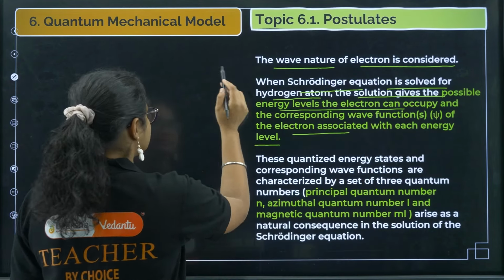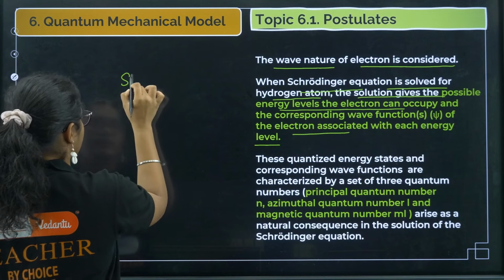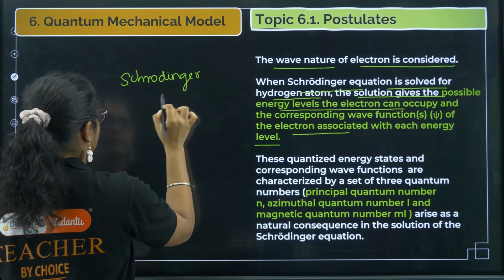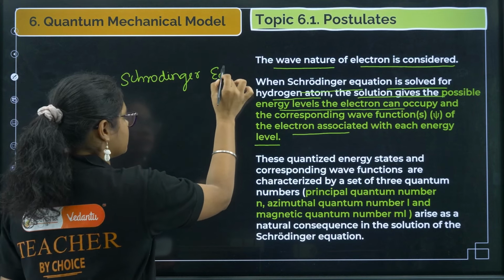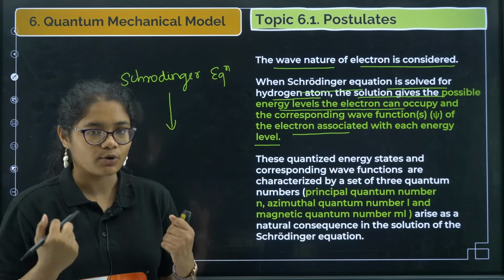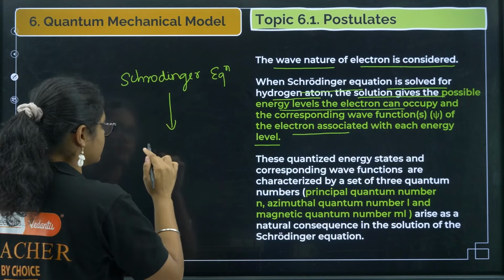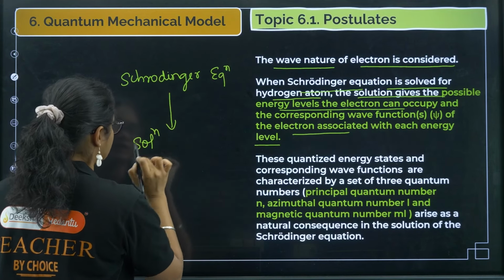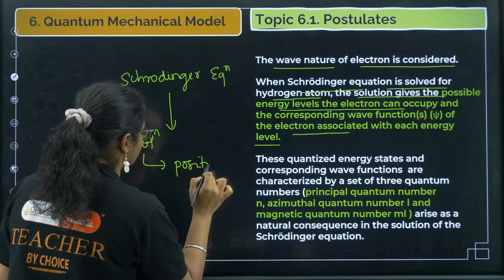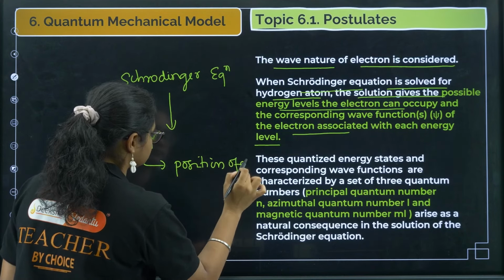So now what happens, there was a scientist Schrödinger, okay. He gave an equation called the Schrödinger equation, okay. Now when you solve this Schrödinger equation, the solutions obtained were helpful to determine the position of the electron, okay.